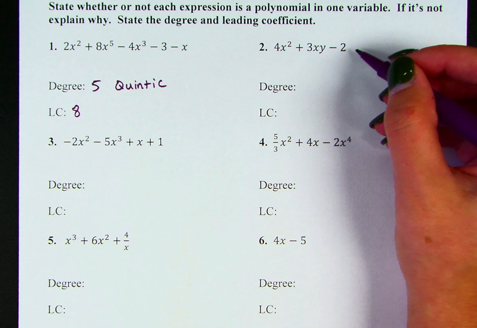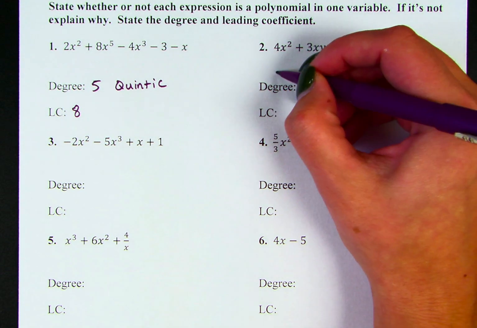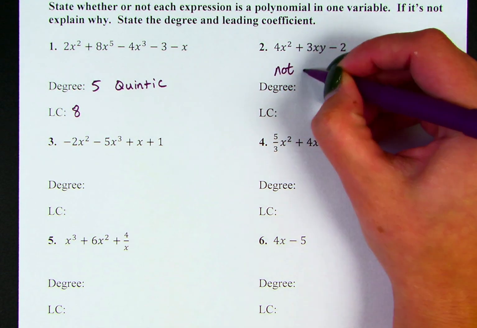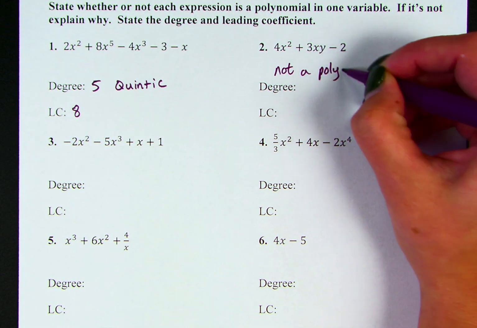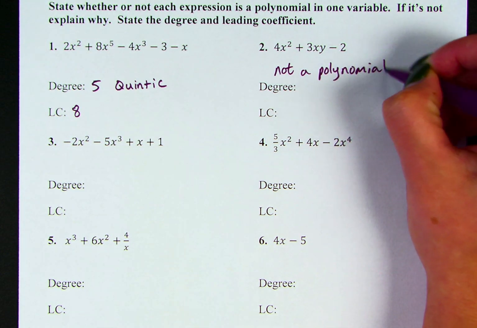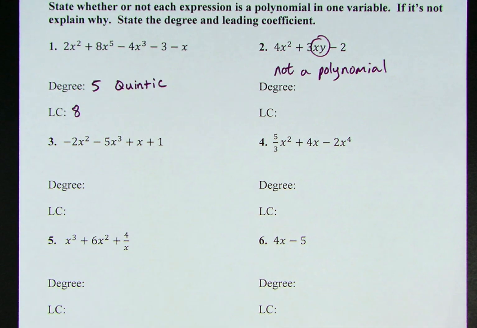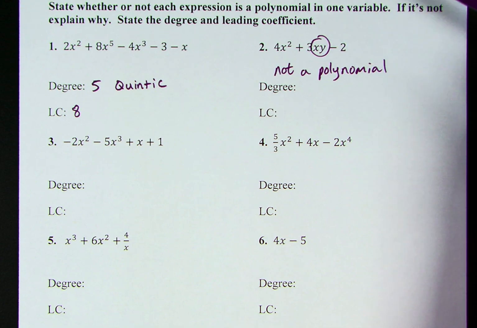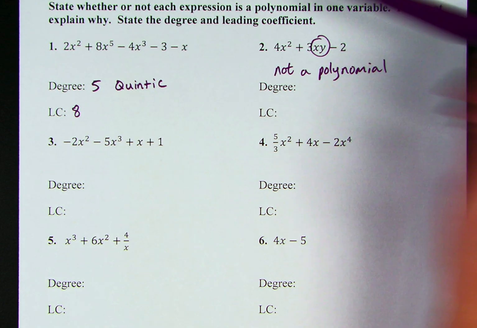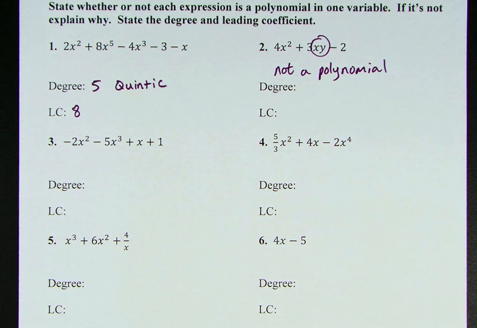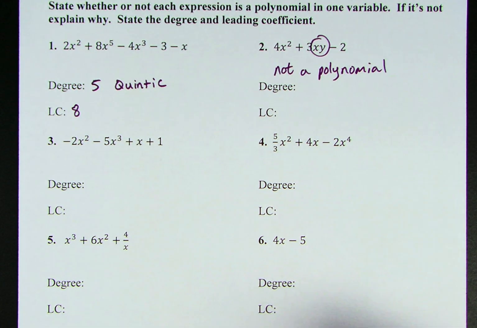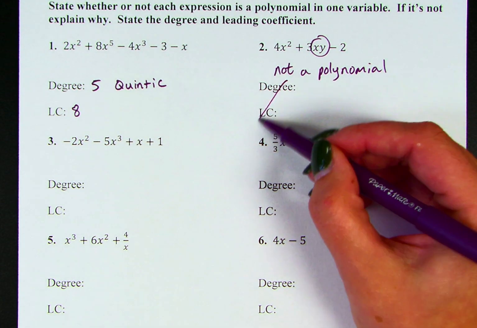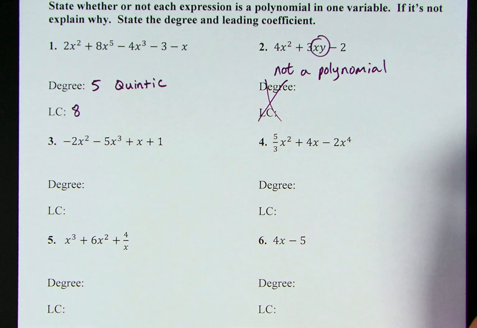This one is not a polynomial, and that's because we have more than one variable. So I'm just going to circle that to indicate my explanation as to why it's not a polynomial. And then if that's the case, then I can't figure out my degree or leading coefficient.